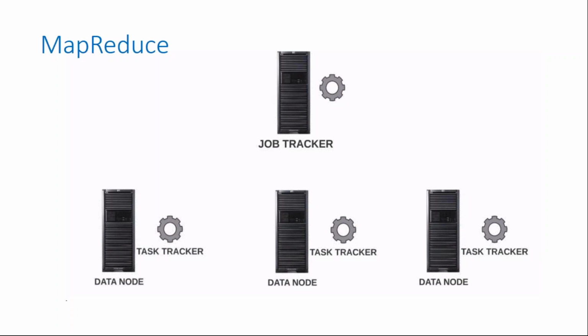But this is more of administration. When the administrators are setting up the cluster, they're going to set in the configuration files the maximum tasks one node can handle. So the job tracker is going to check the maximum number of tasks this node can handle.